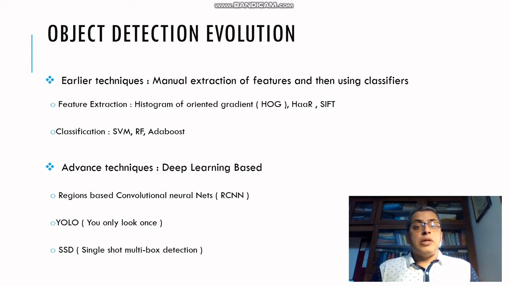And now transformers are also very predominantly used, especially vision transformers. So this is the overall evolution of object detection. Now let's look in a little more detail at some of these techniques, starting from the traditional or legacy techniques, and then some of the deep learning techniques. Let's look conceptually at what these are in the subsequent slides.